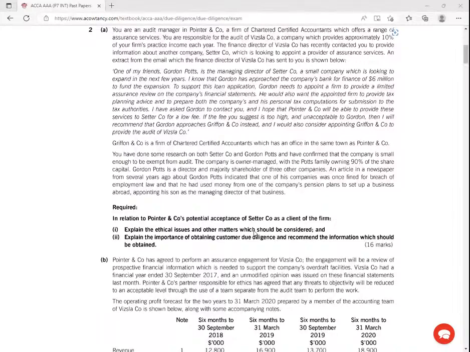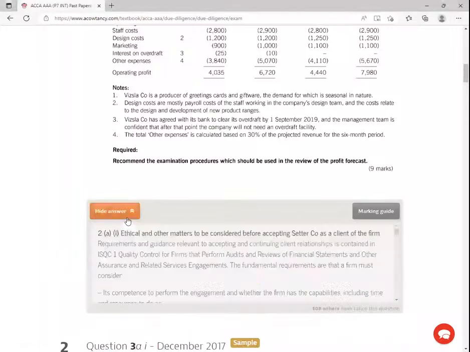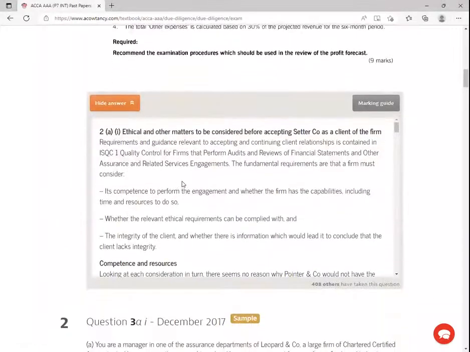So we've explained several as we were reading the question, so mine will basically go to the answer here. Ethical and other matters to be considered before accepting Sasa company as a client of the firm. Requirements and guidance relevant to accepting and continuing client relationships is contained in the International Standard on Quality Control.